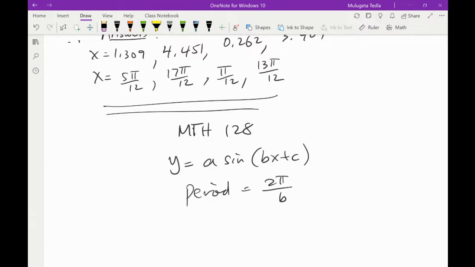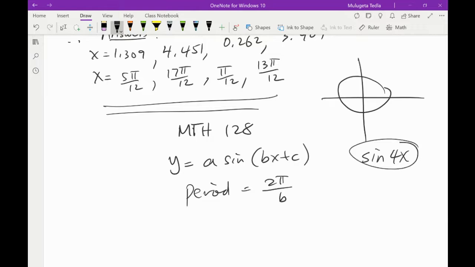What you said is right because of the period. Imagine they ask you to find a solution in the plane, and then they ask you to solve sine 4x. We know that sine 4x has a period equal to what? Pi by 2, isn't it? 2 pi divided by 4. How many pi by 2s are there in this circle? Four of them.